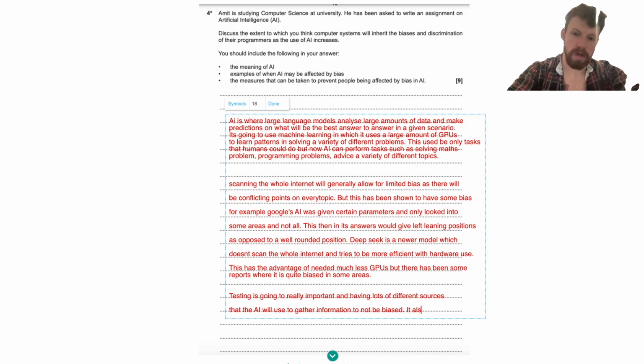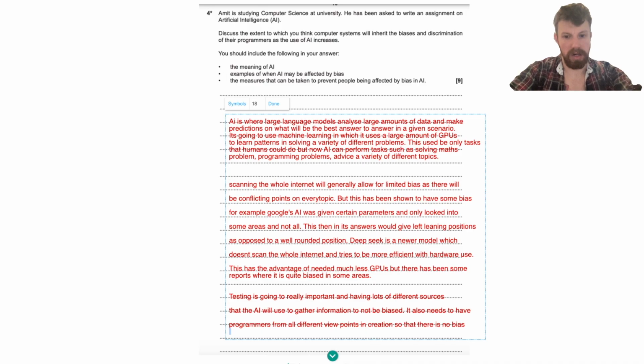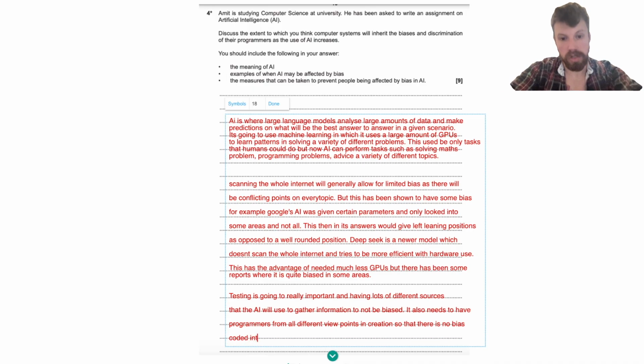It also needs to have programmers from all different viewpoints in creation, so that there is no bias coded into the actual creation of the AI.